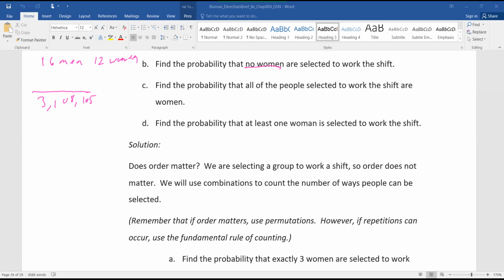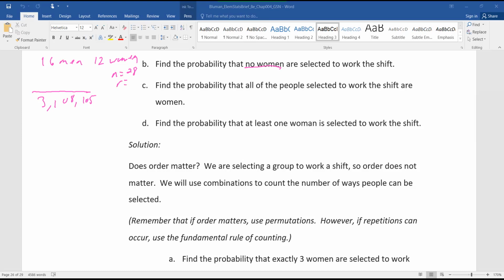But now we want them to not be women at all. This time I just want the combination because the order of men doesn't matter. It just can't be women. So we need to figure out the combination of picking men out of 28 people. So what's my N? 28. And then what's my R?